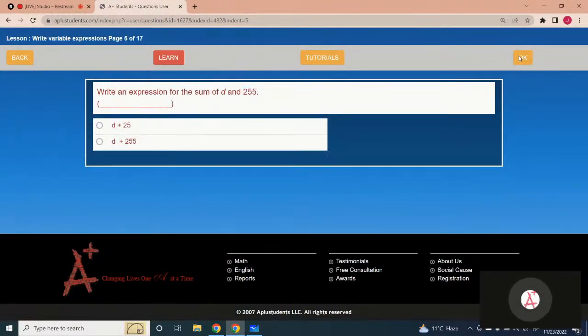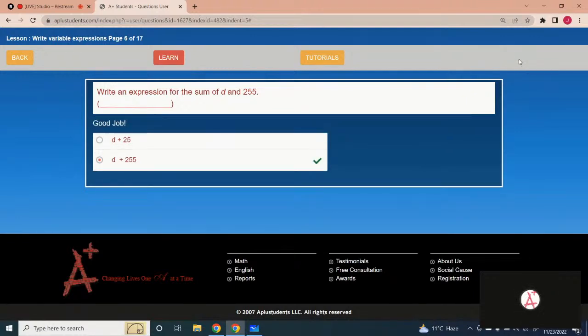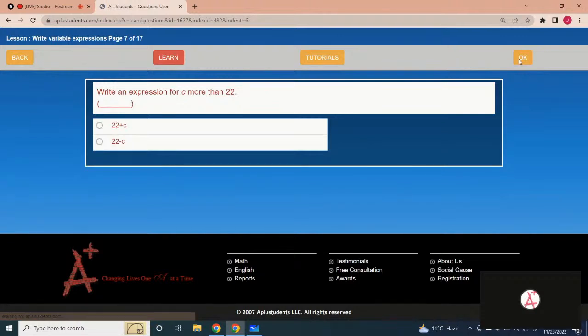Okay, write an expression for the sum of d and 255. So it would be the second option, d plus 255. Okay, write an expression for c more than 22.